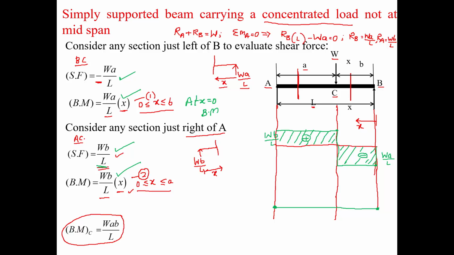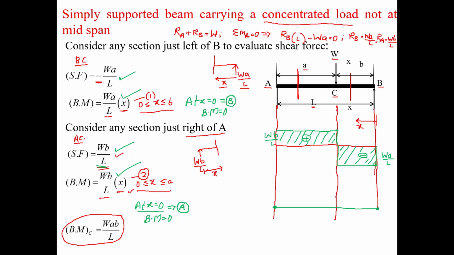In this expression also, at x is equal to 0, bending moment is equal to 0. In the second equation, x is equal to 0 corresponds to point A, and in this equation x is equal to 0 corresponds to point B, right?